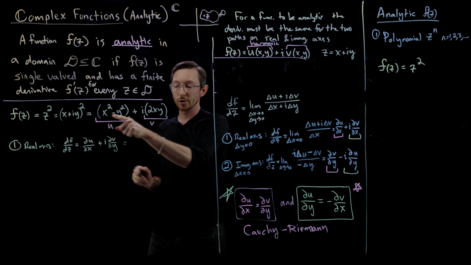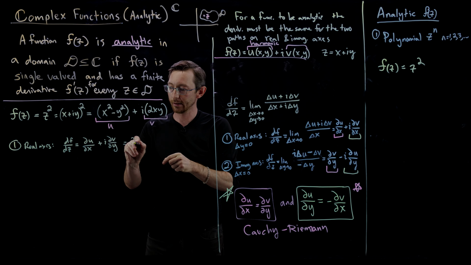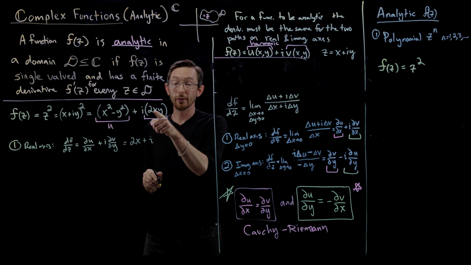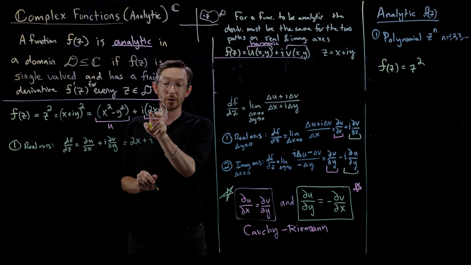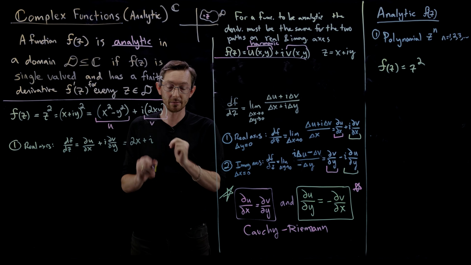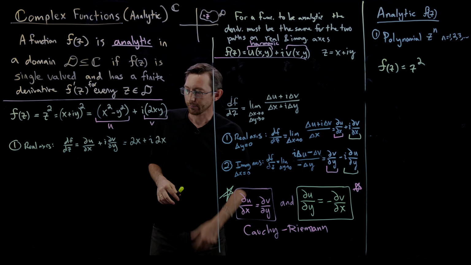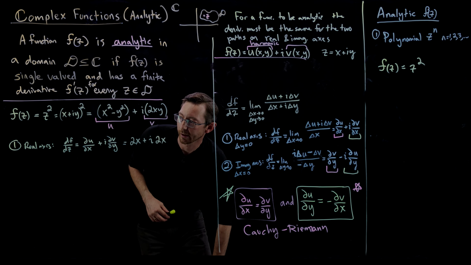And partial u partial x is 2x plus i, and partial v partial y is, again, 2x, correct? 2x. Did I do that right?